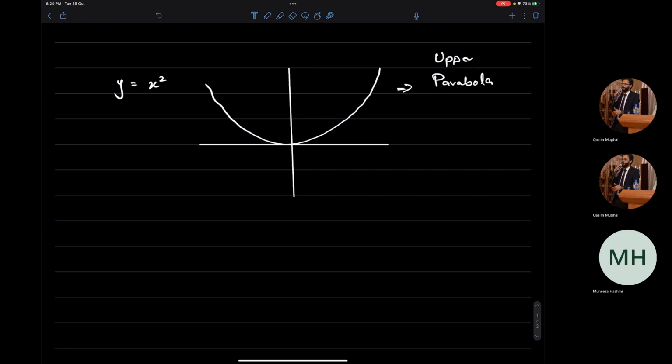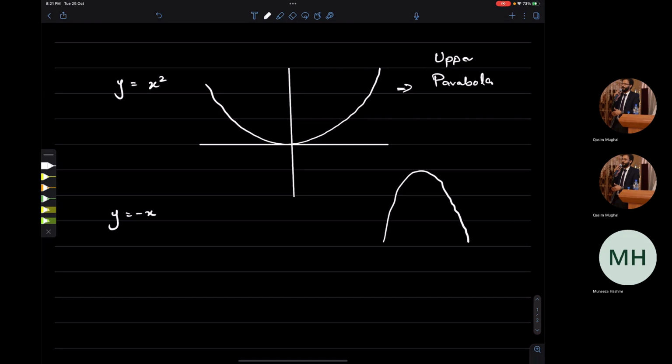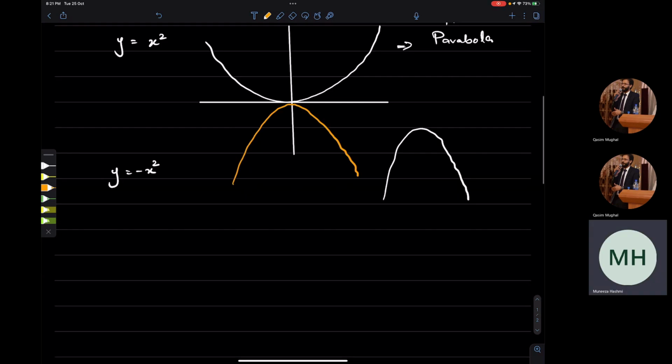You also get a lower parabola whose shape looks like this one, and you obtain it whenever you have a negative coefficient of x squared. In this case, the coefficient of x squared is 1, and its sign is positive, so that is going to give us a concave up parabola. If it's negative x squared, it is going to be concave down, like this.